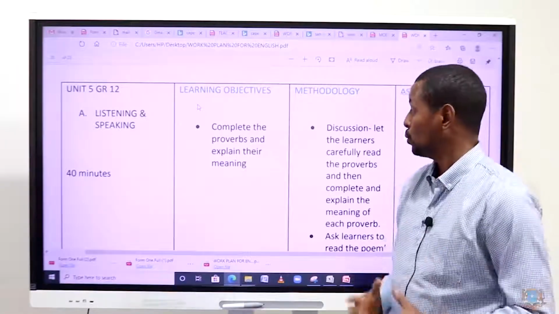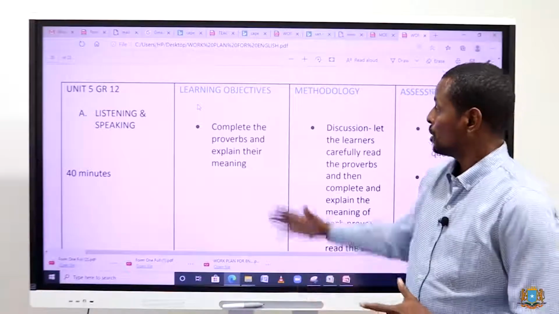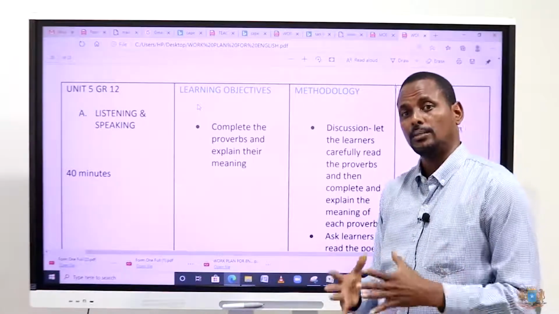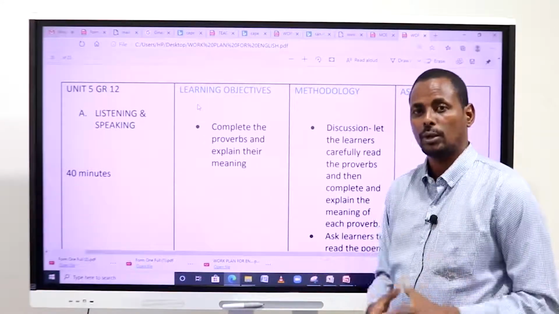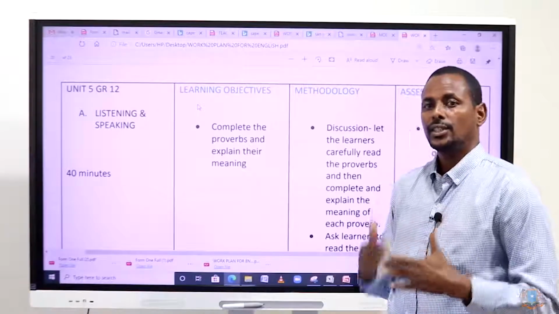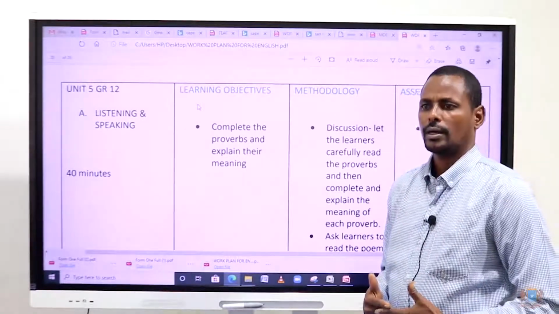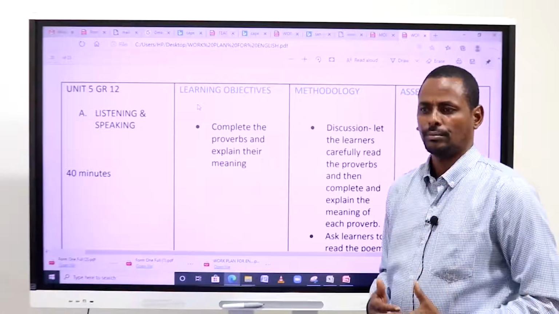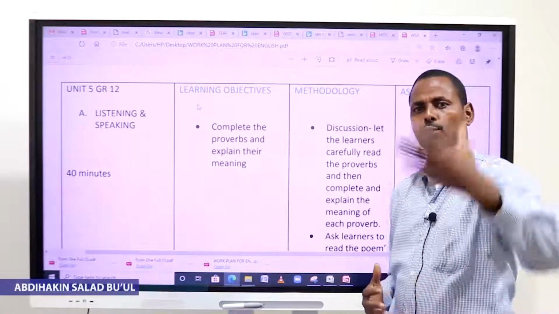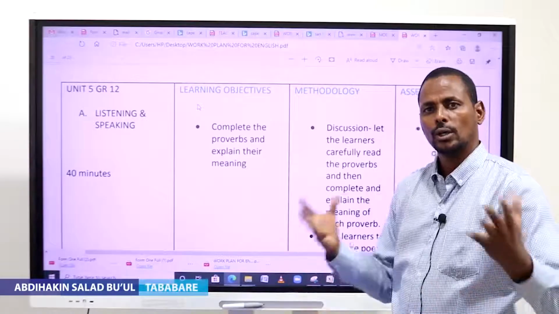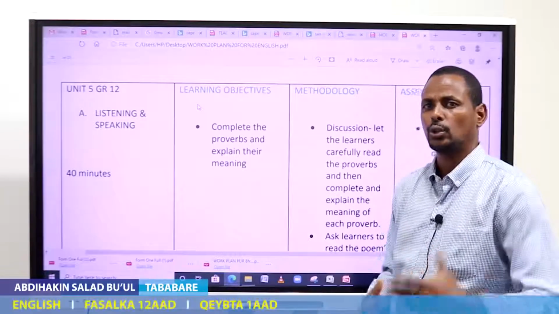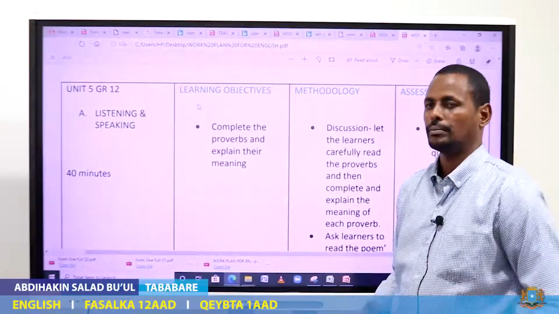Now what you do, since we have chosen this methodology, as we have always talked about it before, since it's a student-centered approach, brainstorm. Bring the student to the environment of the content you want to teach them.